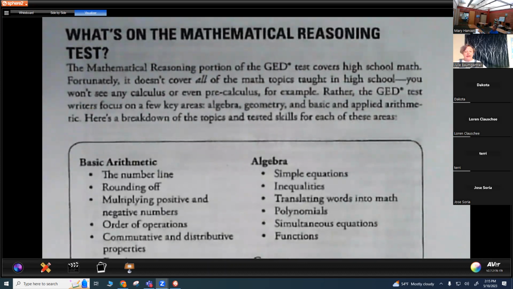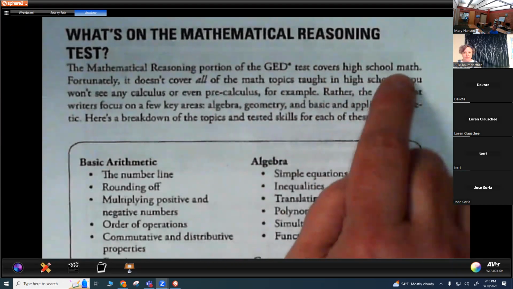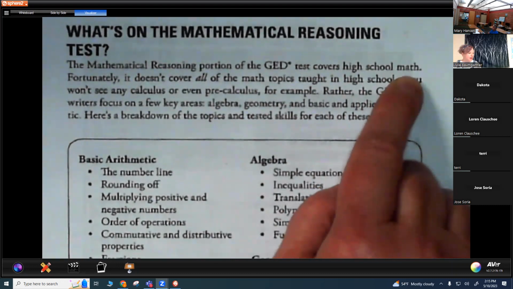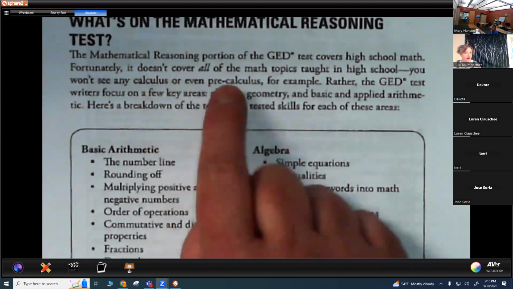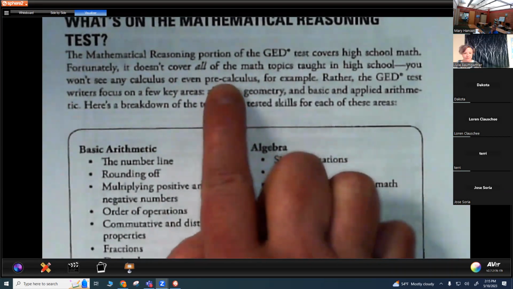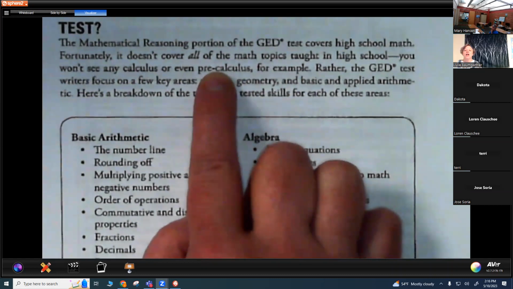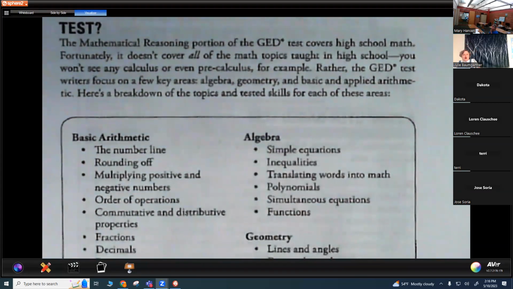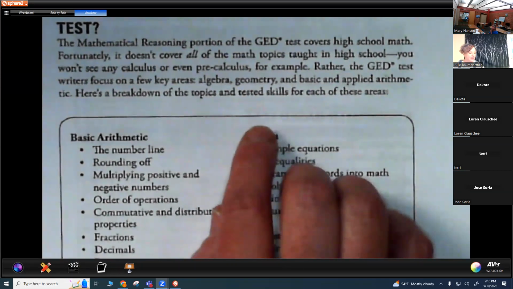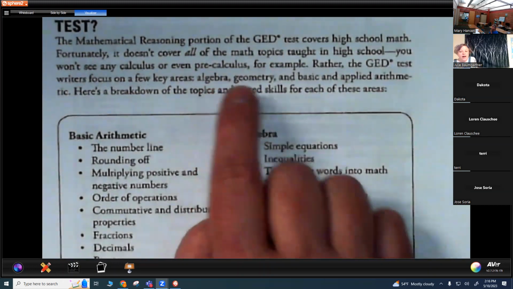Okay. So pretty straightforward. We already know that we're going to be tested on high school level math, but luckily we won't have to deal with calculus or pre-calculus, which is good for everyone, even the teacher, because I'm far away from those days. So they're really focusing, and I would say the biggest focus is algebra.